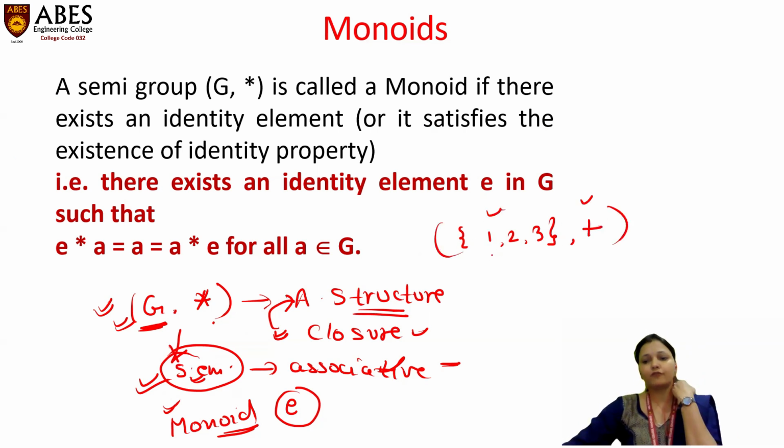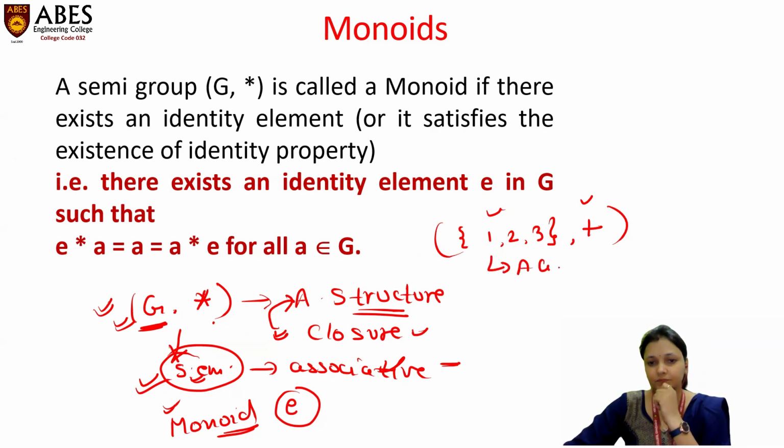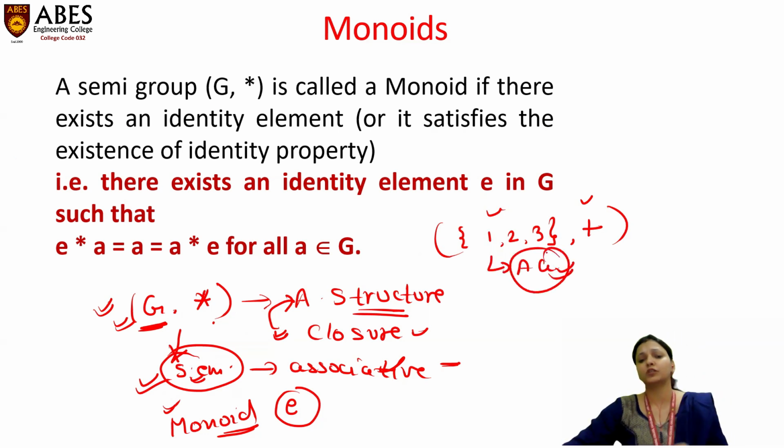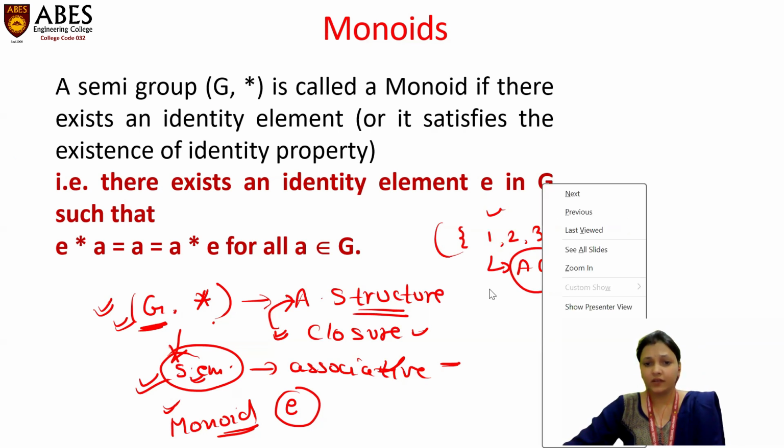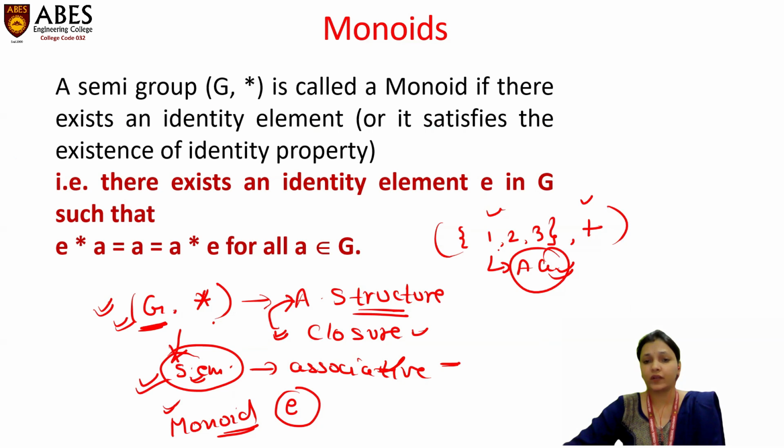First of all, we will check for algebraic structure, which means we have to check the closure property. In this case, if we add 3 plus 1, then it will be 4. So here the closure property is not satisfied.